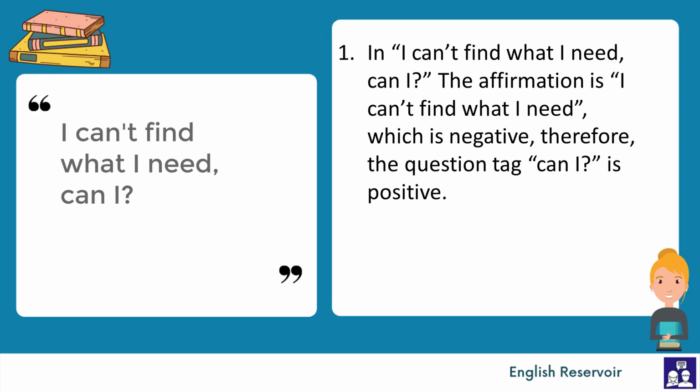I can't find what I need, can I? In "I can't find what I need, can I?" the affirmation is, "I can't find what I need," which is negative, therefore, the question tag, can I, is positive.